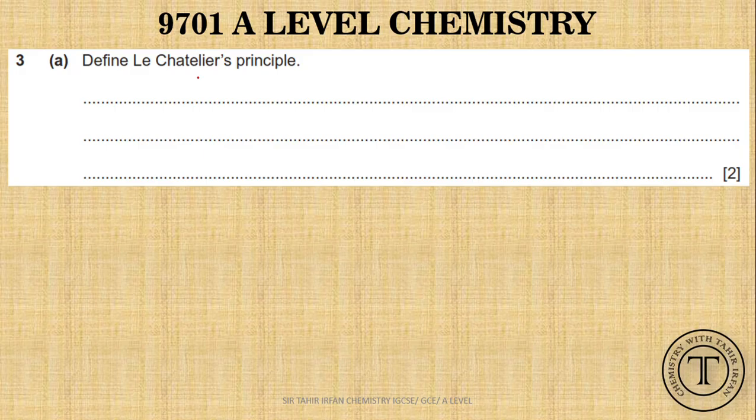Now, suppose a chemical reaction is already in the state of equilibrium and we make any change in the physical state, like temperature or pressure.